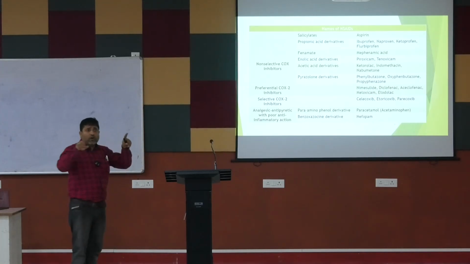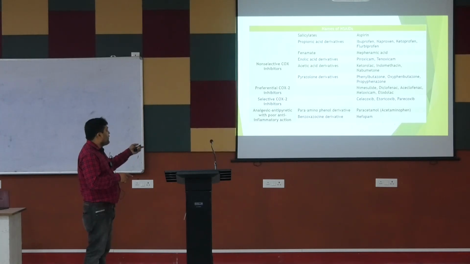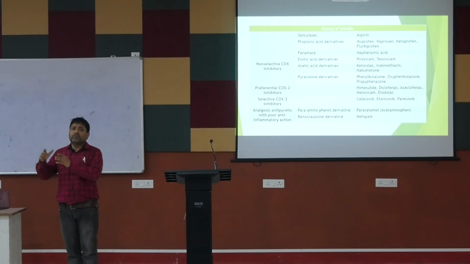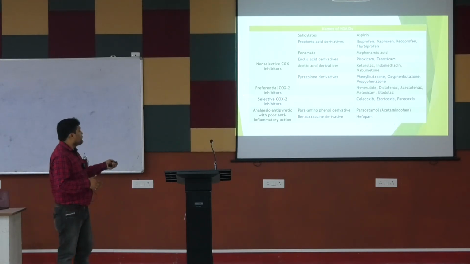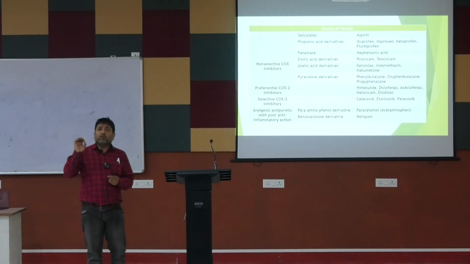So, among the non-steroidal anti-inflammatory drugs, we divide them into different groups, particularly non-selective COX inhibitors and the selective COX inhibitors. Non-selective COX inhibitors means they inhibit both COX1 and COX2 enzymes.